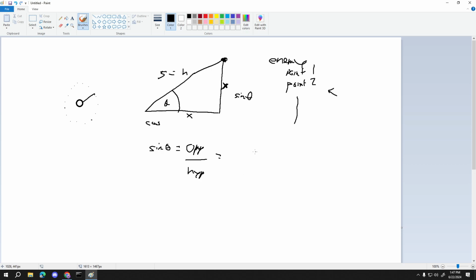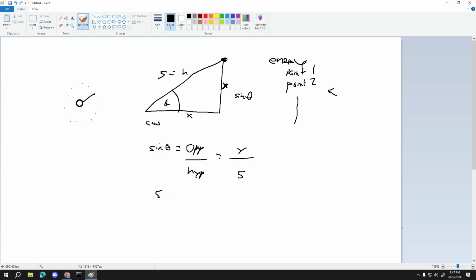In this case, sine theta is equal to the opposite, which is that y, over 5. So how to get y? We just multiply 5 to the sine.